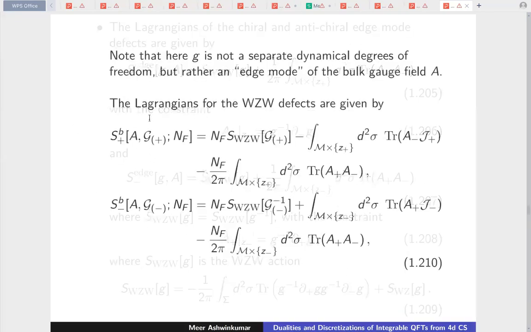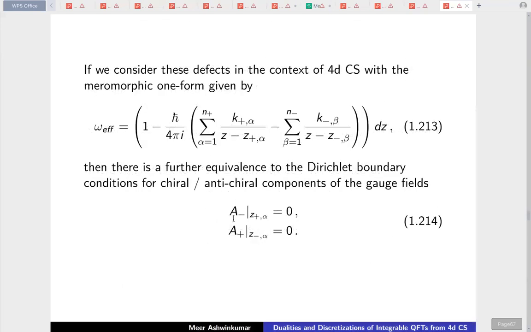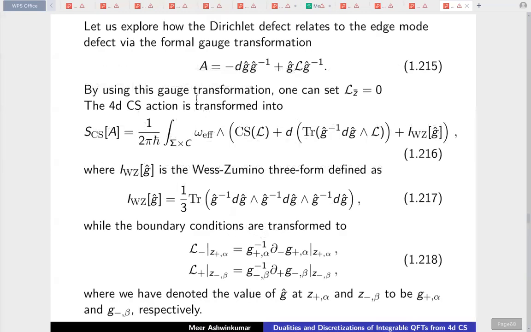So basically, starting from these chiral and anti-chiral Dirichlet boundary conditions, I can perform a formal gauge transformation, which takes us from the gauge field to the Lax connection, where there is no L_z-bar component. And what I will find is that the 4D Chern-Simons action is transformed as such, where this term over here is a Wess-Zumino 3-form.